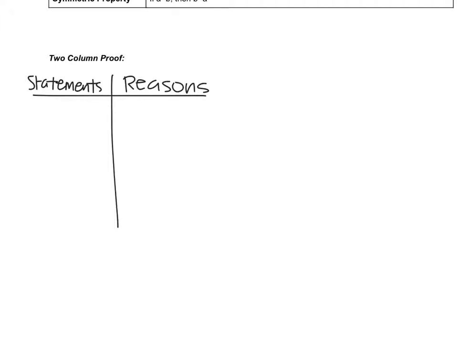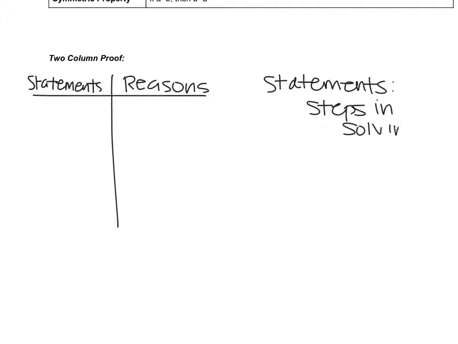So the statements are going to be the steps that we use in solving our algebraic statement. So typically you say, okay, if 2x plus 1 equals 7, then my next statement would be 2x equals 6, and then x equals 3.